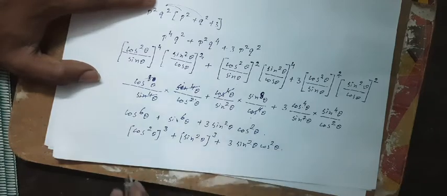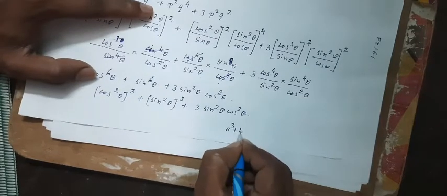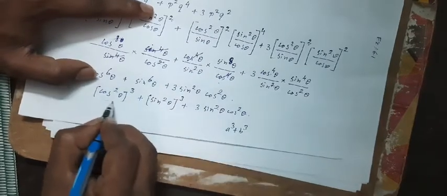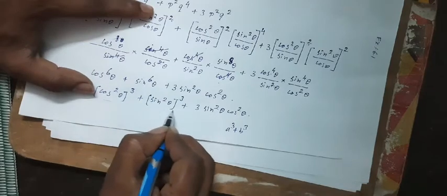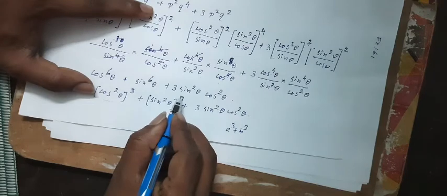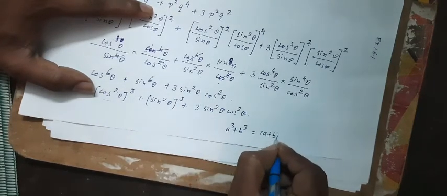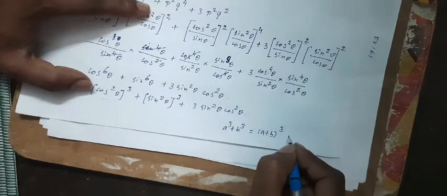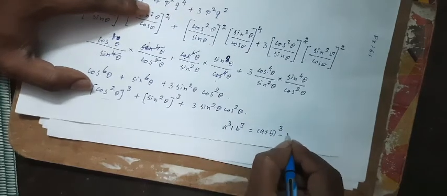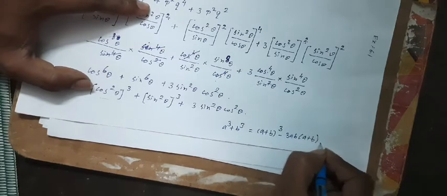Clear? So here we have used the formula a cube plus b cube, right? As this one is a and this one is b, so we can take a cube plus b cube. You know the a cube plus b cube formula: a plus b the whole cube minus 3ab into a plus b.